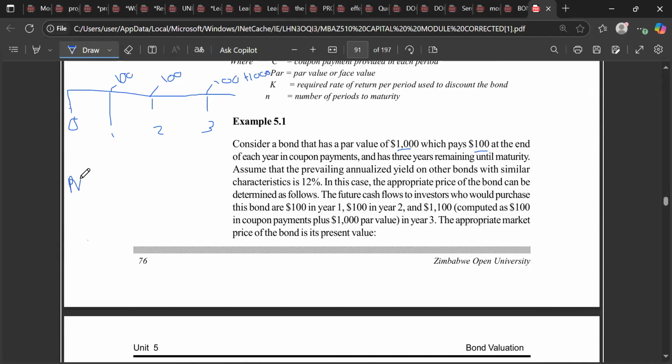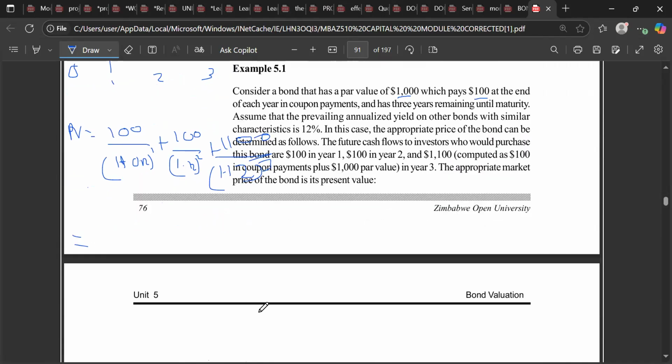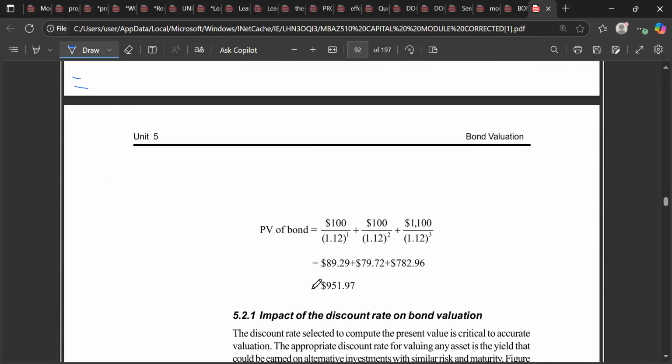The present value of the bond will be equal to 100 over 1 plus 0.12, because that's the rate of return, to the power 1, plus 100 over 1.12 to the power 2, plus 1,100 over 1.12 to the power 3, which will give us our final answer here: 951.97.